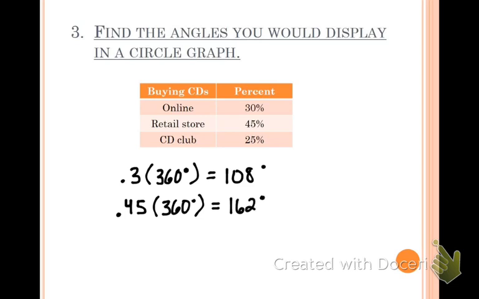Who wants to do the last one? All right, Sherelle, go ahead. 0.25 times 360 degrees. 90 degrees. Excellent job. Now I want you guys to add up 108 plus 162 plus 90.